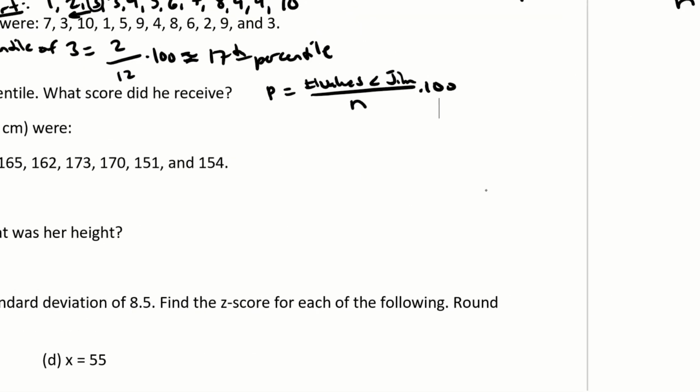So he's at the 67th percentile. So we have 67 equals x, because we don't know how many values are less than Jim, and then there were 12 students, so times 100. Okay, so again, like before, we're gonna divide by 100, essentially converting this to a decimal.